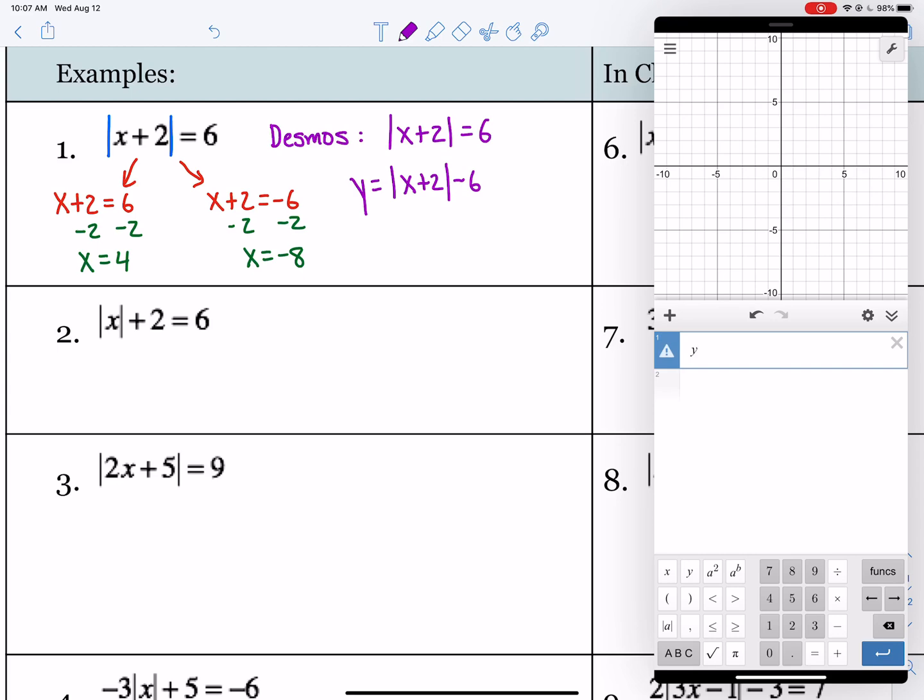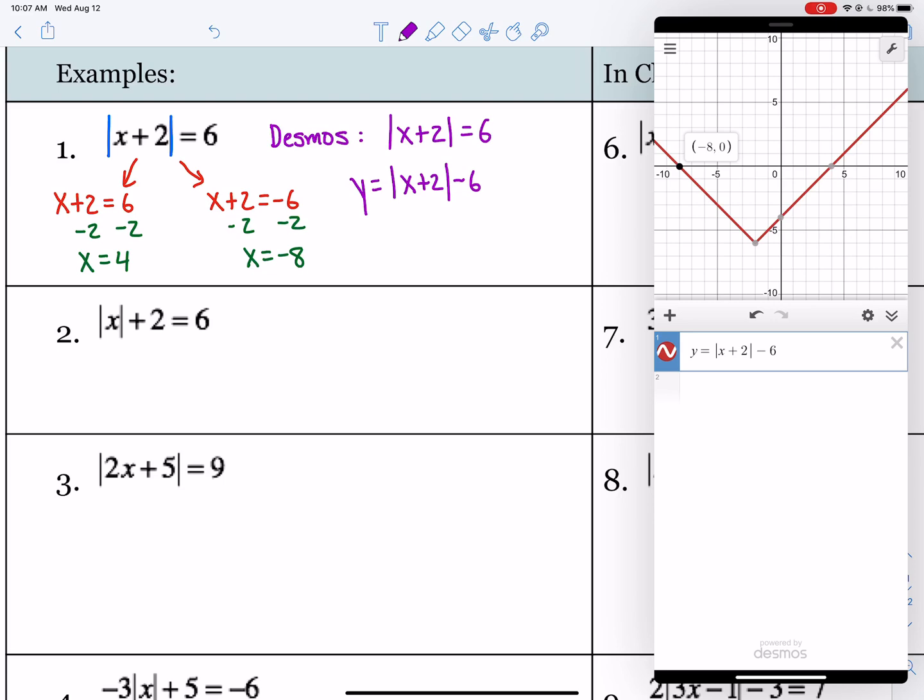So let's say y equals, and then you have the absolute value symbol right there above the ABC button. And then type x plus 2, and then move over outside the absolute value symbol and do minus 6. So notice that on the x-axis, it crosses at the 2 numbers we found, which are 4 and negative 8. So we have now checked our answer in Desmos.